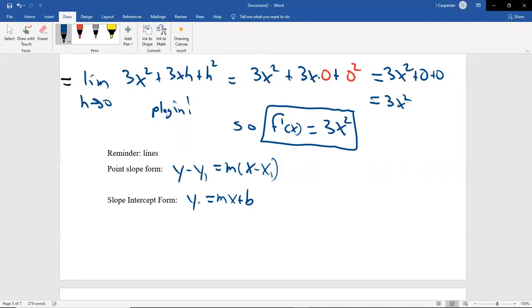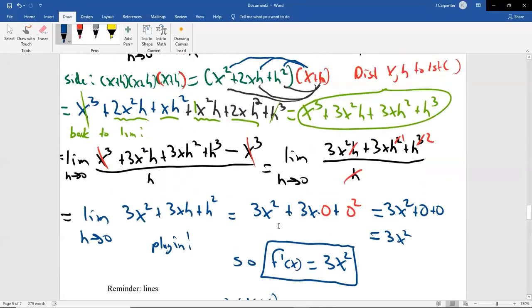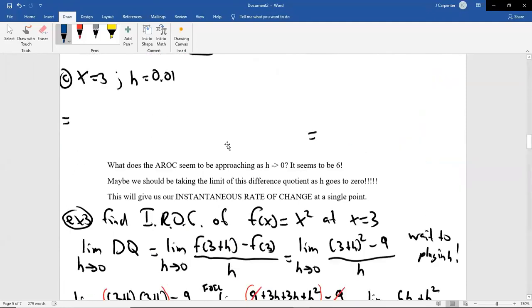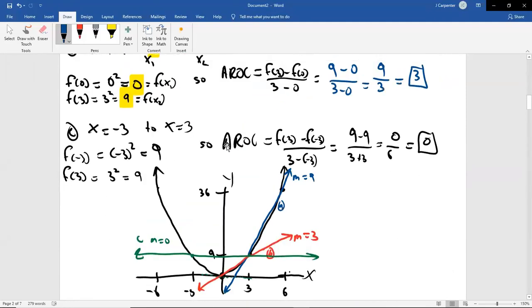Why do we need to handle equations of lines? Because what we're very often interested in is, let's go back up to some pictures earlier. So these are all secant lines. And we drew up these secant lines. And you could find those equations by using those 2 points and the slope.